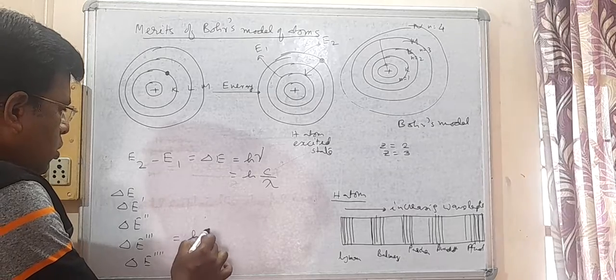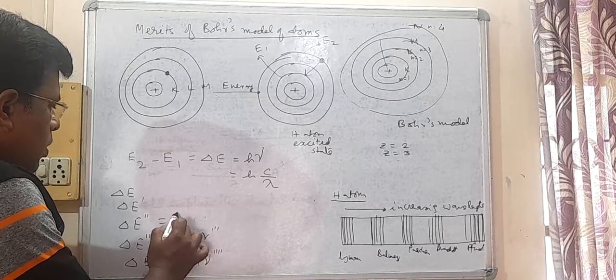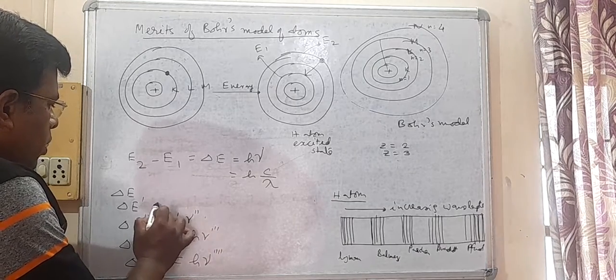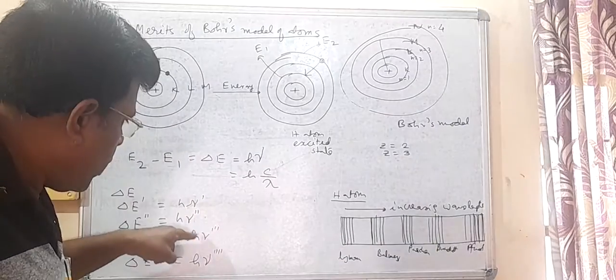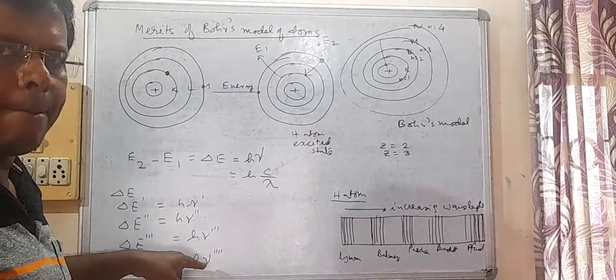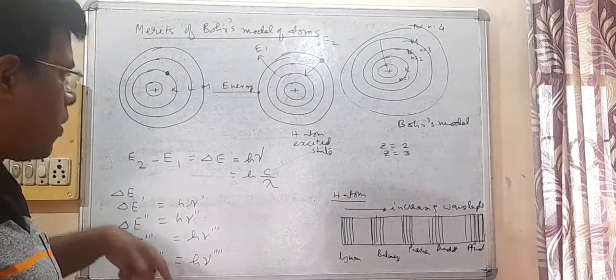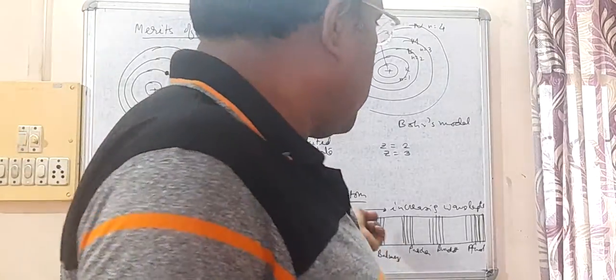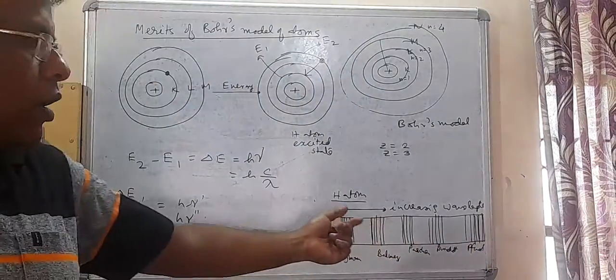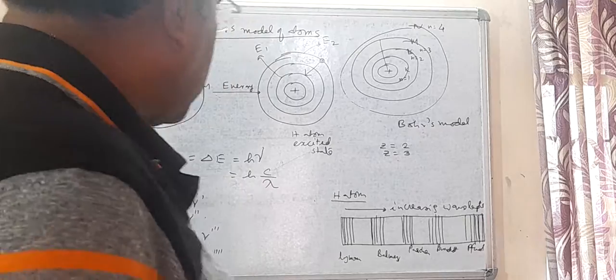Here it will be h nu. Here it will be h nu. Here it will be h nu. So you see, different frequency will be involved, and each of these different frequencies, as you can understand, will account for a different line in the hydrogen spectrum.